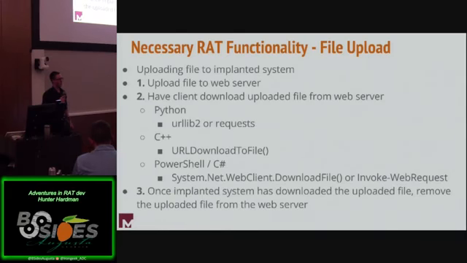C++ has the WinAPI URLDownloadToFile function, and then PowerShell has the WebClient DownloadFile function, as well as Invoke-WebRequest. And then obviously after it pulls down that file, you're going to want to delete that from the web server, because having files on the web server unnecessarily is bad.